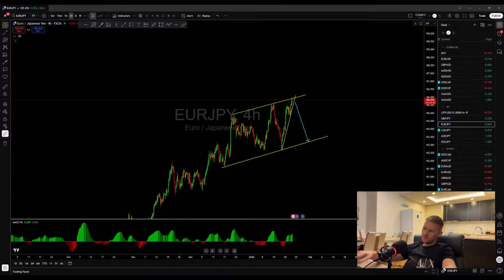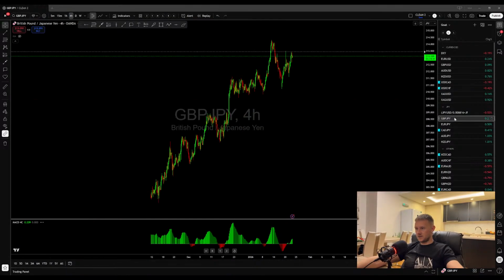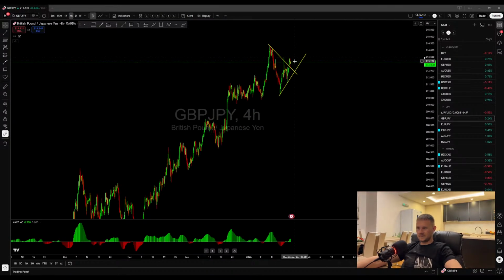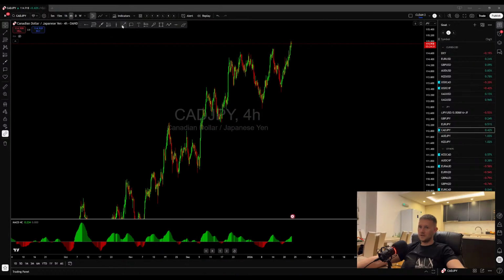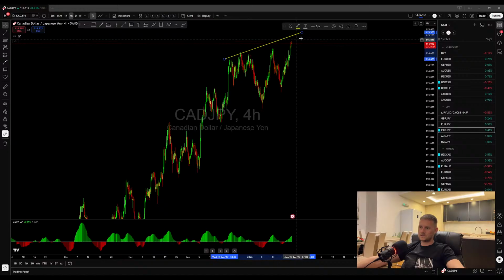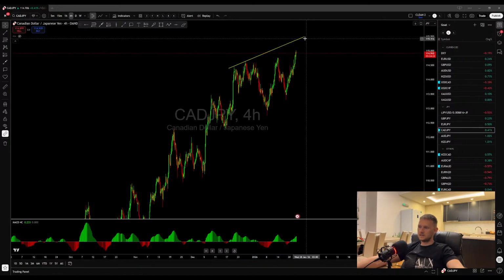I'm trying to speed up a little bit. So sell setup over there at GBPJPY. We basically can go up. Yes, it can, but I do not trade it. This is a good one now to start changing its direction. CAD as well. A little bit higher. Can it go? Yes, this can go a little bit higher. It can extend.